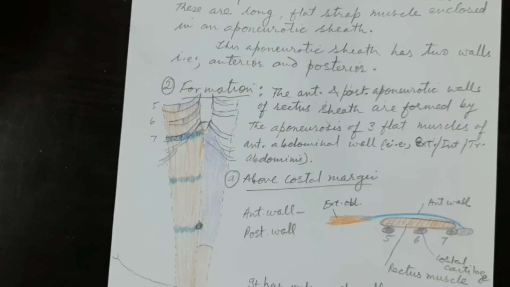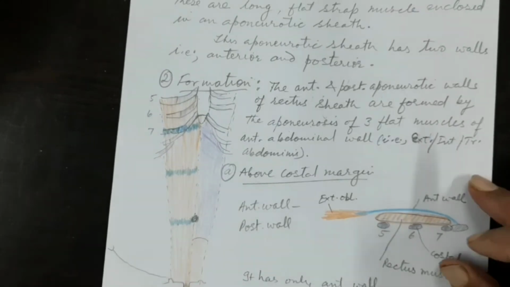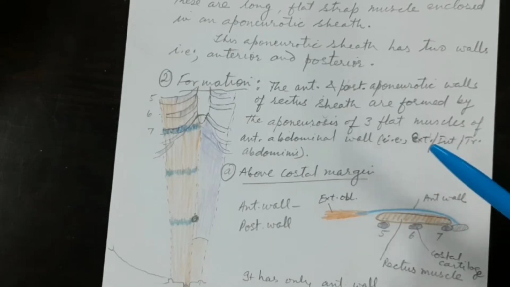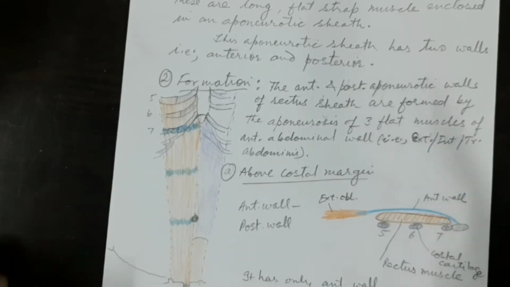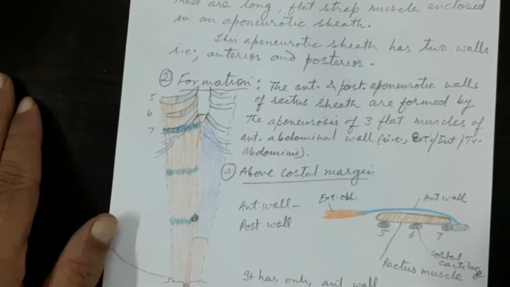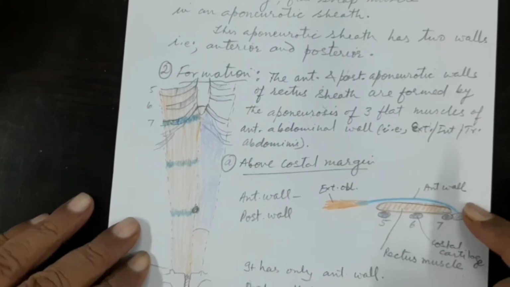So the rectus sheath is a sheath of aponeurosis formed by the aponeurotic insertion of the three anterior abdominal wall muscles. This sheath has two walls, an anterior wall and a posterior wall.